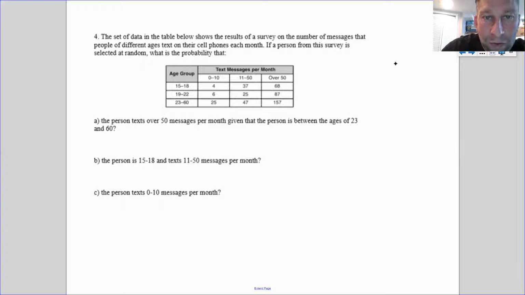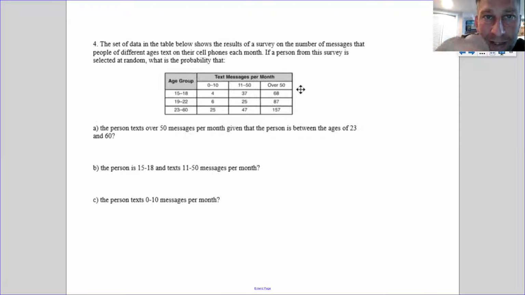So I'm going to add all the totals up. 4 plus 37 plus 68 is 109. 6 and 25 is 31, and 87 is 118. 25 and 47, I'm just going to use my calculator to do that. 25 plus 47 plus 157 is 229.